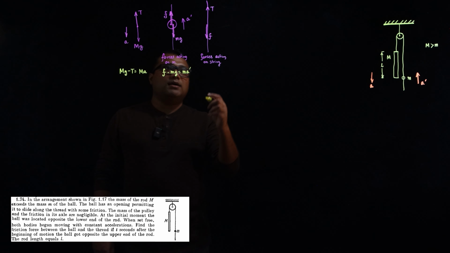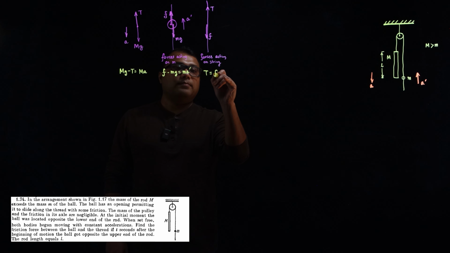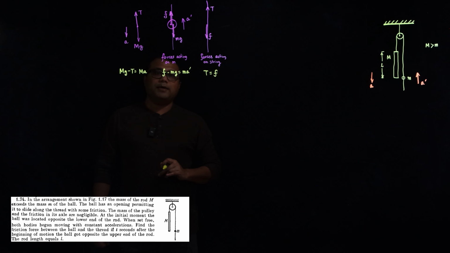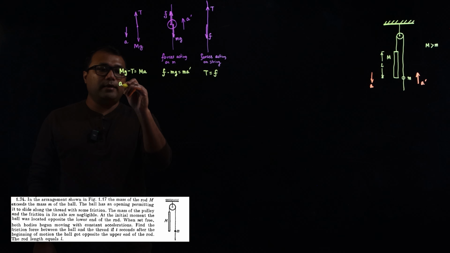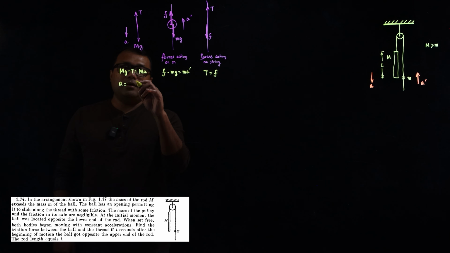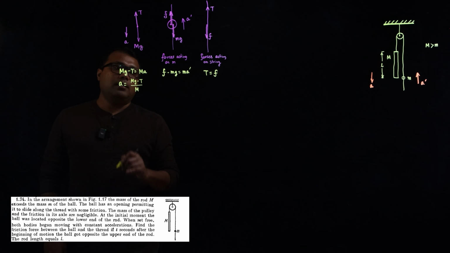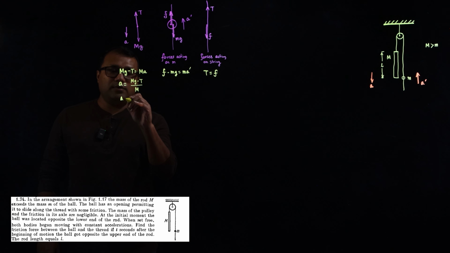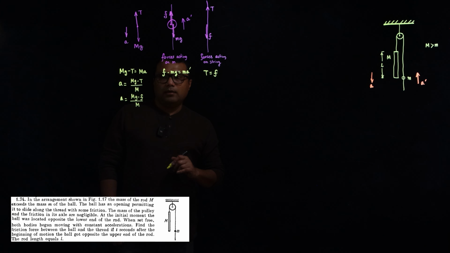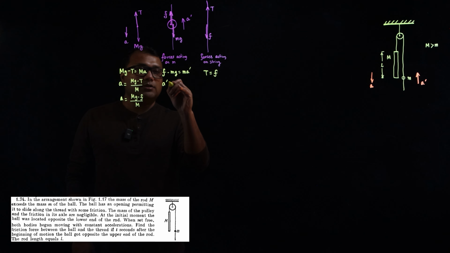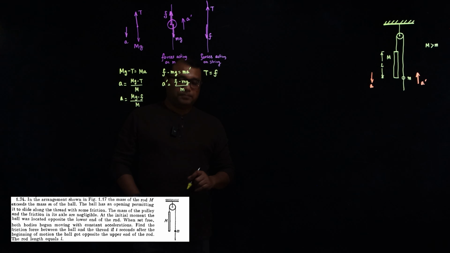And here the string is massless, so T has to be equal to F. So from here we can find A. A is Mg minus T by M. Now T is same as F, so we can write A as Mg minus small f, the friction force, by M. From here we can write A dashed is equal to F minus mg by m. So we got A and A dashed.